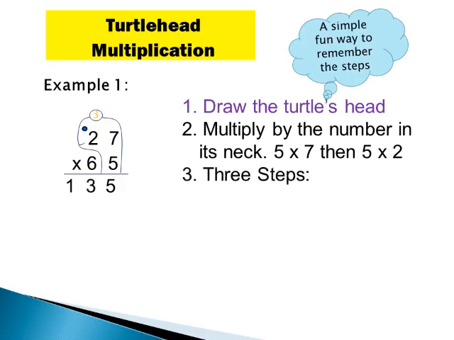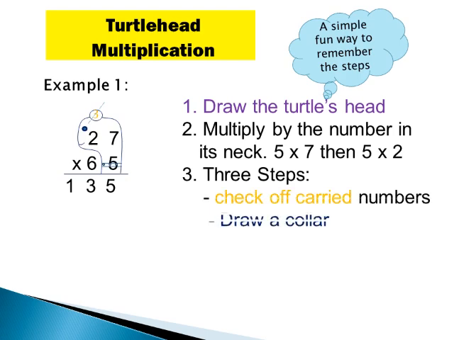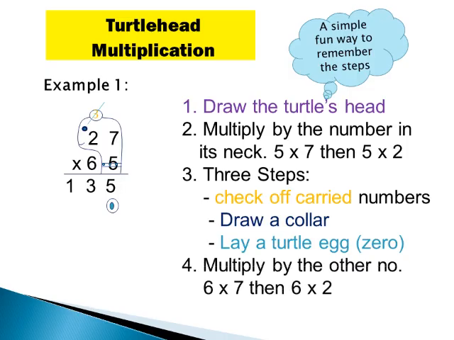Now there are 3 important steps before we move on. Check off carried numbers, draw a collar and lay a turtle egg 0. Now we can multiply by the other number 6. 6 times 7 equals 42. So we write 2 down and carry the 4 to the next column. 6 times 2 equals 12. 12 plus 4 equals 16.